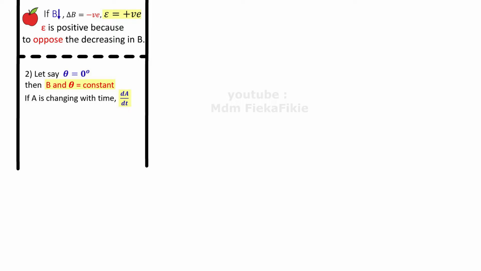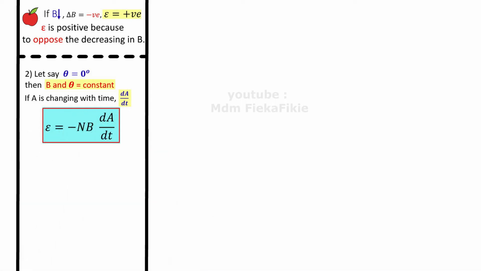So kali ini kita ada dA over dt ataupun kita panggil sebagai the rate change of area. Jadi berdasarkan equation, so we can write that induced EMF is equal to negative NB dA over dt. Kali ini B adalah constant, so cos 0 is equal to 1. Jadi dA dt menunjukkan ada perubahan area with time.